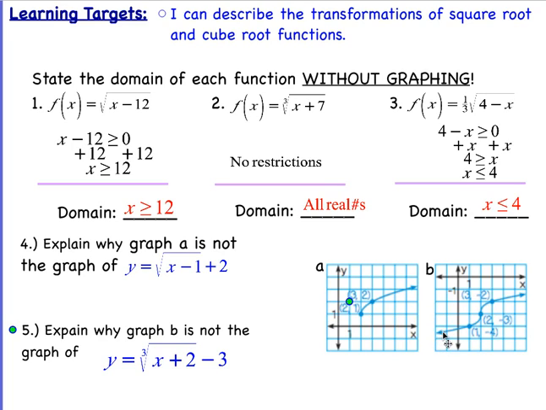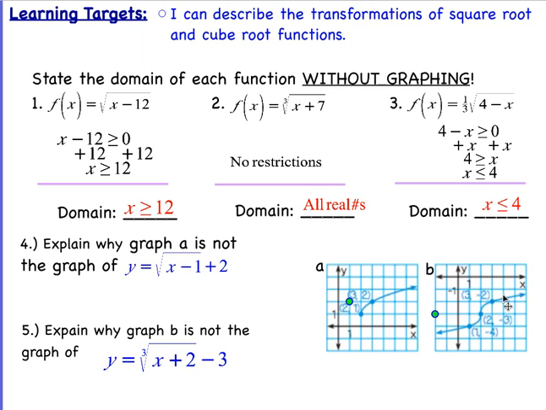Okay, see how it looks like an elongated S in a horizontal way? This little point here is the bend, and that should be at negative 2, negative 3. Well, negative 2, negative 3, x is negative 2, and y is negative 3, would have to be right here.